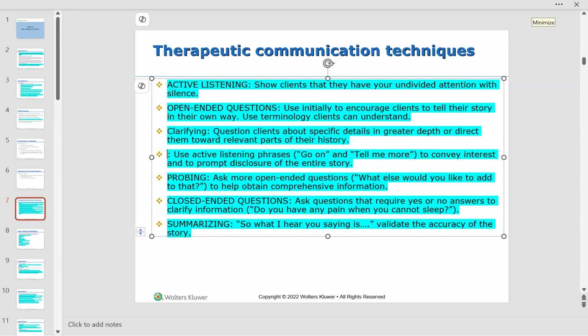We're just going to go with restating, probing, close-ended questions. Make sure you know close and open-ended questions. Close-ended questions are good if you just need a yes or no answer. It's also great if somebody's having difficulty speaking. And summarizing: here's what I heard you tell me, and then you repeat it back.